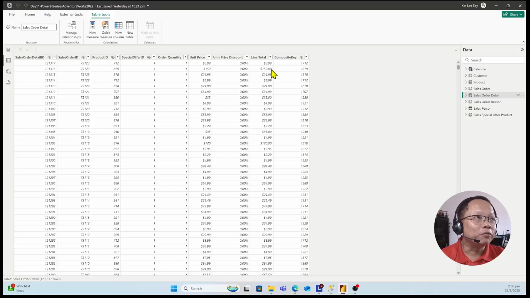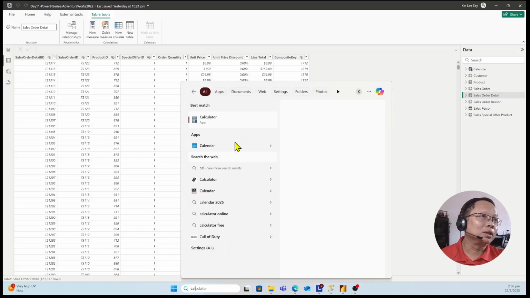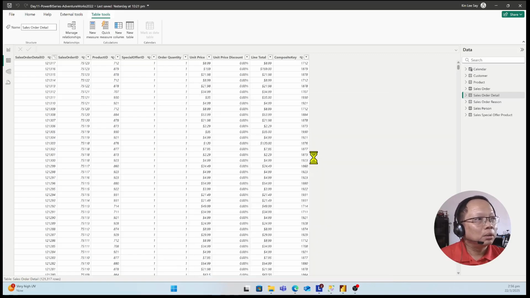Okay, so we have three here. It means that the subtotal in the sales order table for this sales order ID should be the sum of 8.99, 159, and 21.98. Okay, let's do that now. Let me open the calculator.